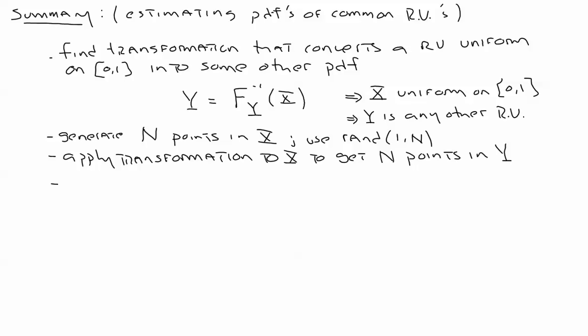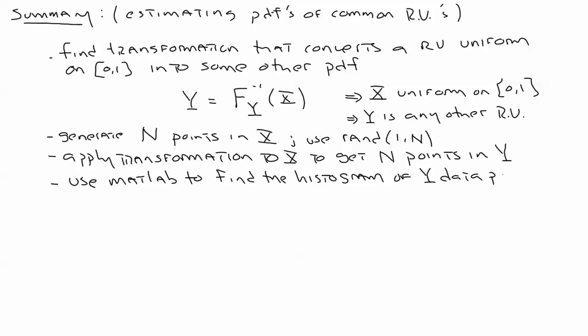We then use MATLAB to create a histogram for the y data points. There are two ways we can do that. We can either start by picking the bin centers and the bin spacing, or we can simply tell MATLAB the number of bins that we would like.